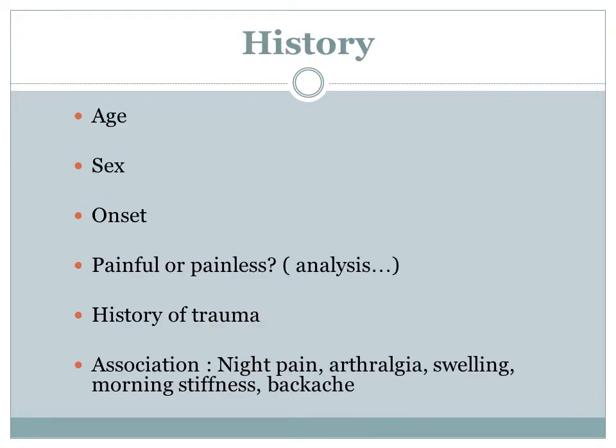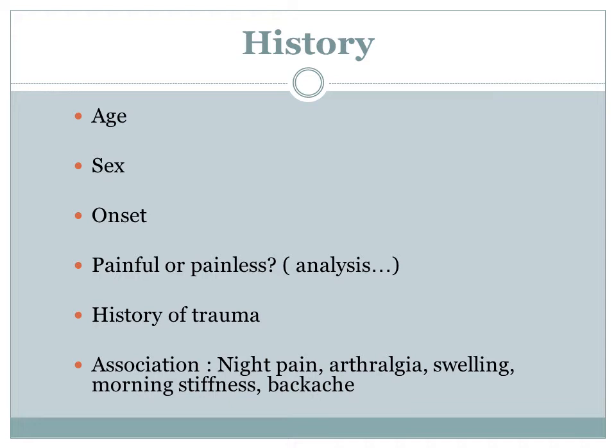Starting with the history, there are very important factors. The age, for example: we now know the importance of age in the differential diagnosis. The etiologies can be categorized according to age, from 1 to 3 years, 4 to 10 years, and so on, so it's very important to know the important etiologies for each age in the pediatric population.